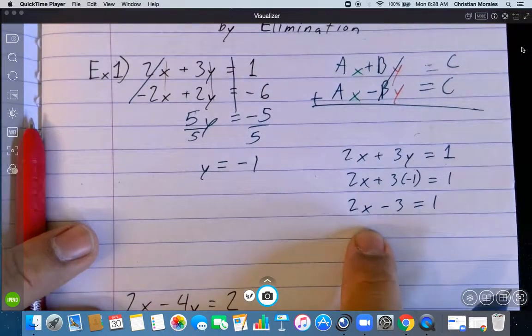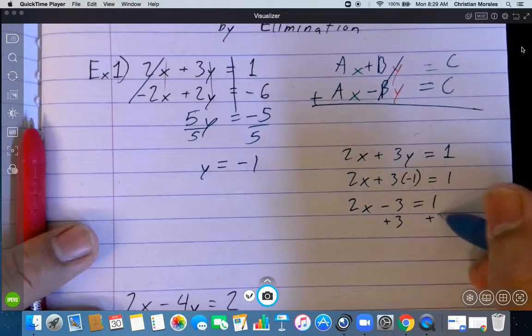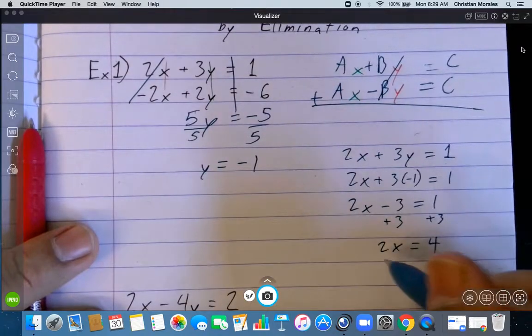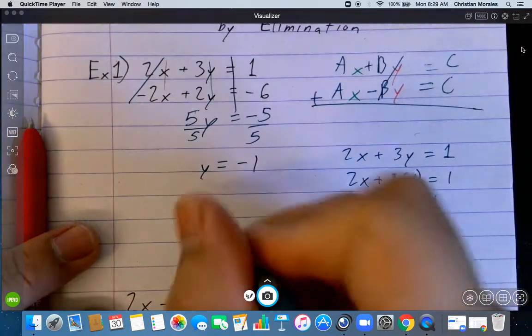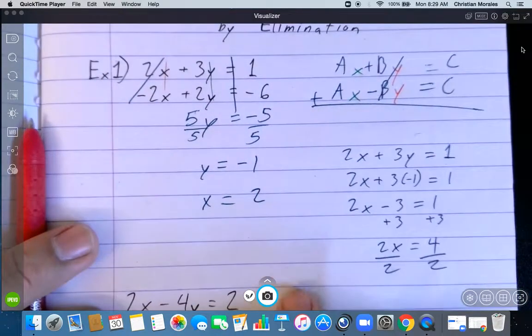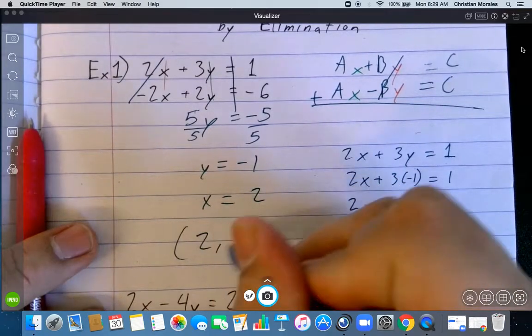And now you're just solving for x. So I'm going to move the 3. I divide by 2. And my answer is x equals 2. So my answer for this system is 2, -1.